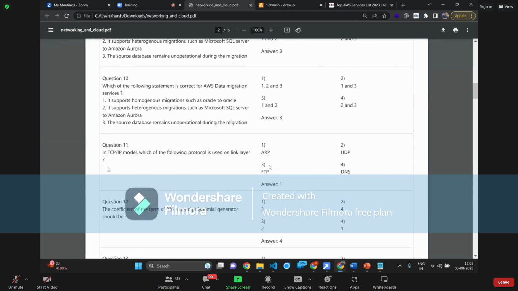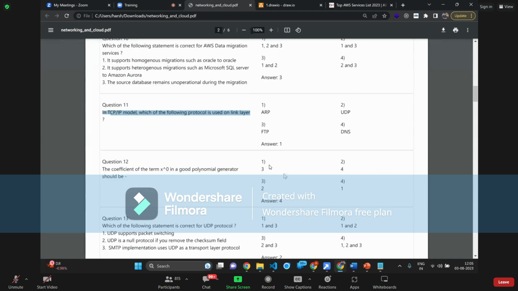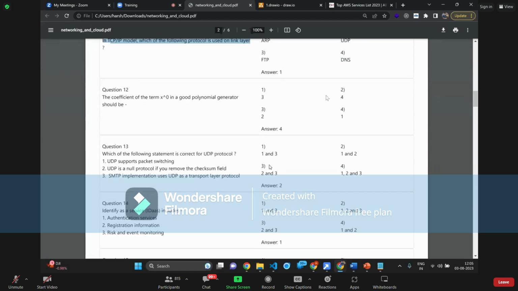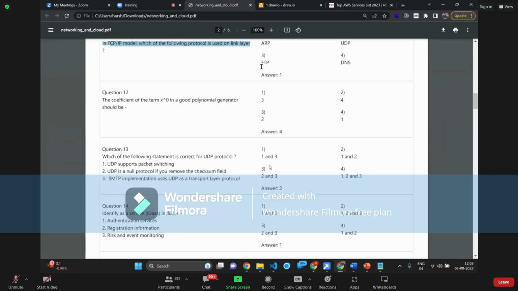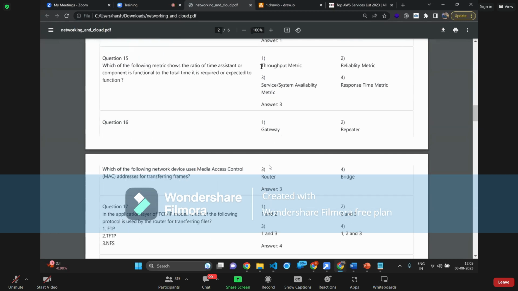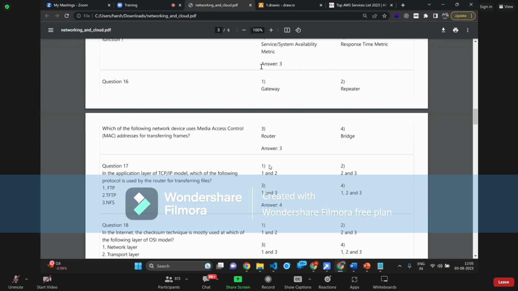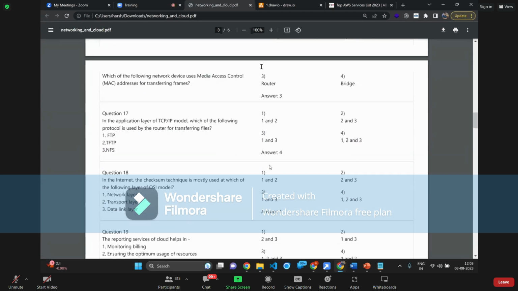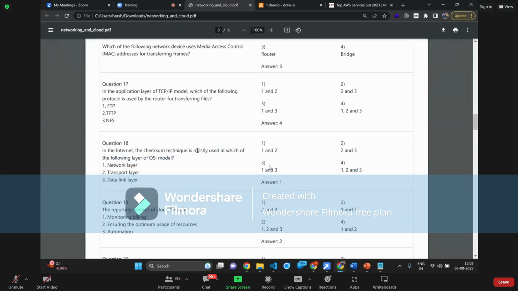Now we did this also, TCP/IP. Which of the following protocols is used on the link layer? We did this, right? ARP, UDP, DNS. So the answer is ARP, because these three are not from the link layer. Let's do this.